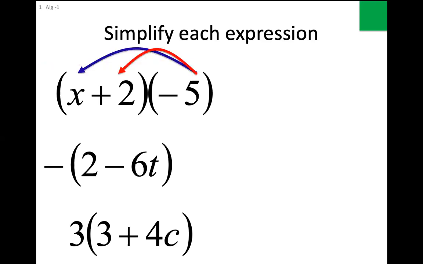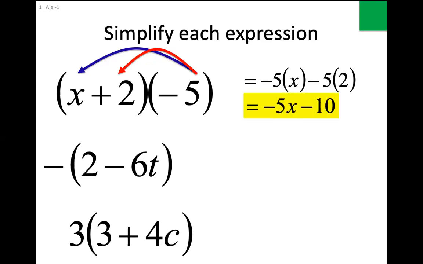Minus 5x. Now, there's two ways to write this, and it depends on which number you multiplied first. Aiden multiplied the negative 5 and the 2 first, so his answer was negative 10 minus 5x. I chose to multiply the negative 5 times the x first. Either way is right. So my answer is negative 5x minus 10. He said negative 10 minus 5x. That's the same answer, okay?